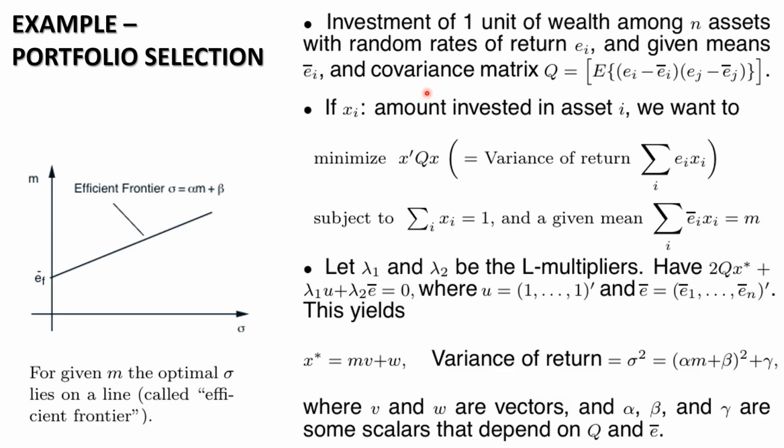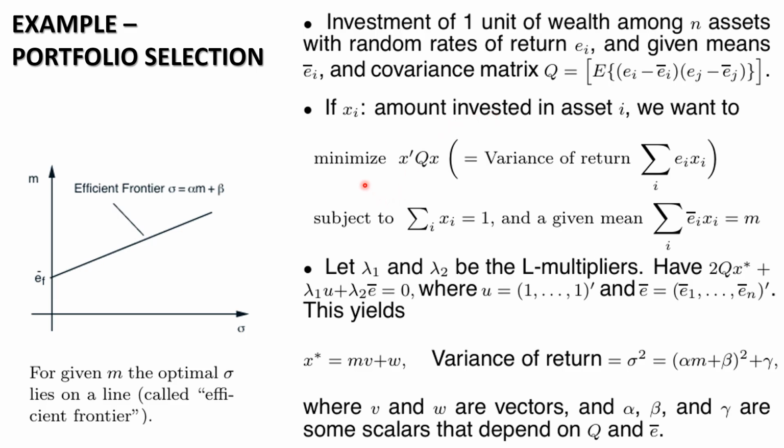Each asset i has a random return a_i with mean a_i bar, the expected return, and a covariance matrix Q, which measures the joint variability of returns. Let x_i be the fraction of wealth invested in asset i. Define x as x1, x2, and so on, xn transpose.